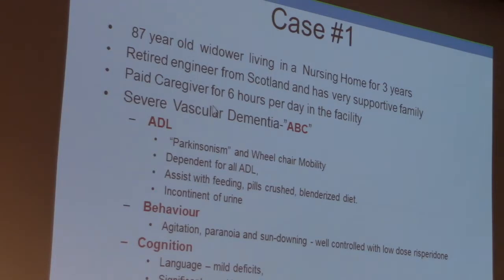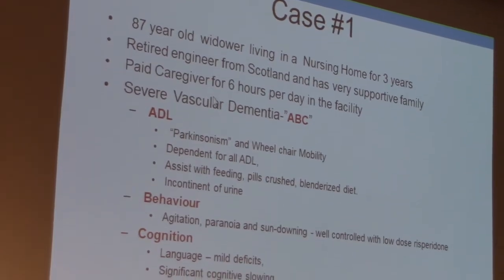There are other things that can cause Parkinsonism besides Parkinson's disease, particularly people with cerebrovascular disease in their basal ganglia and lacunar infarcts. So this fellow was wheelchair bound. He was dependent for all of his ADL. He needed assistance with feeding. His pills needed to be crushed. He was on a blenderized diet, and he was incontinent of urine. He could still get to the toilet for bowels.